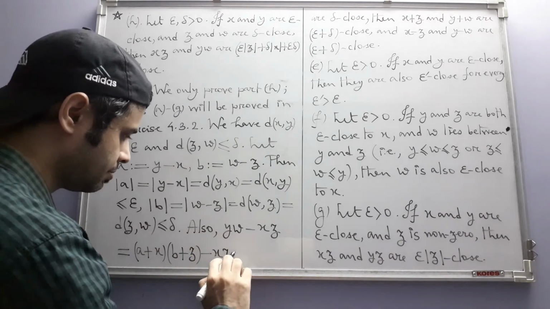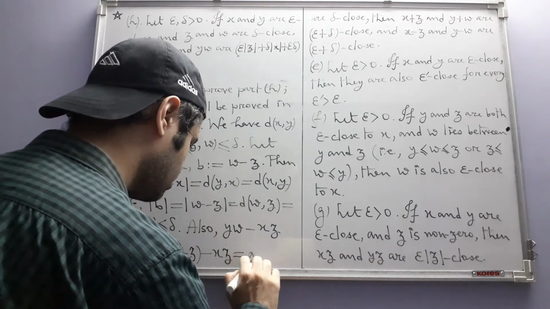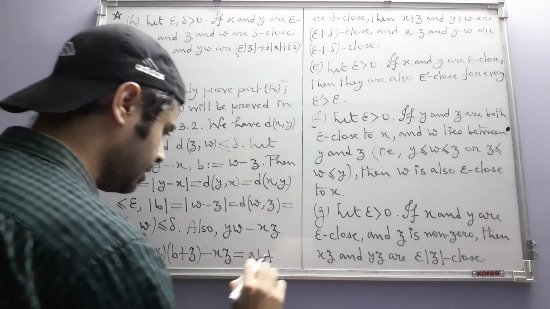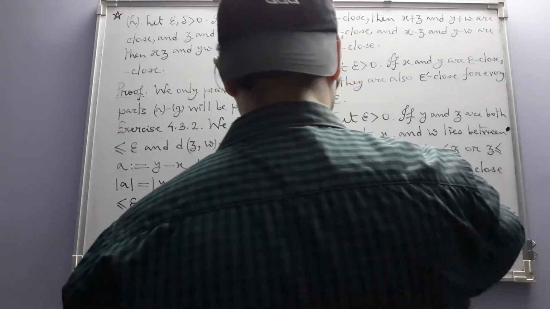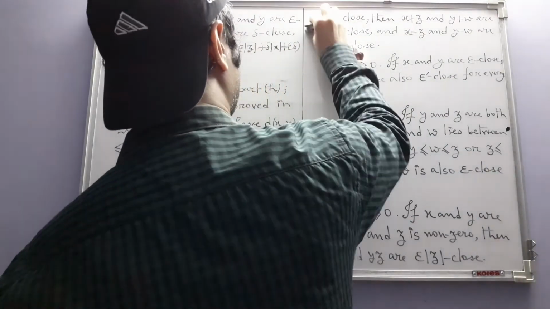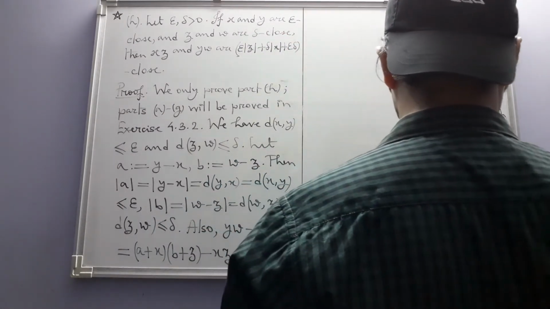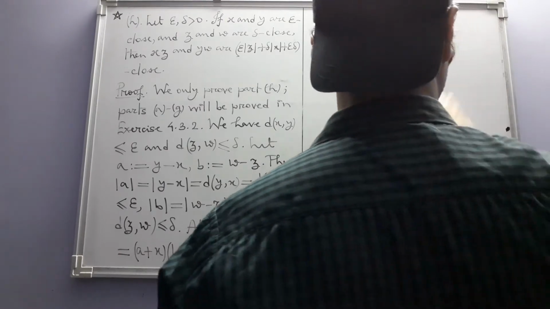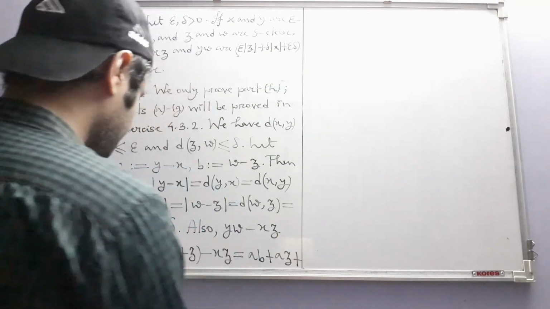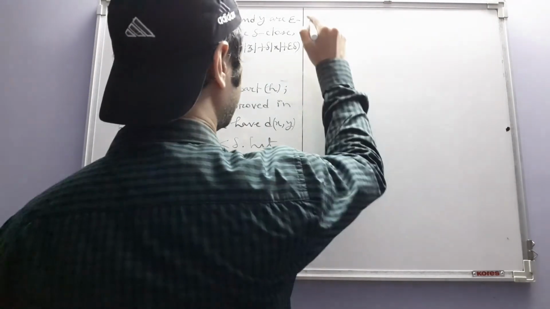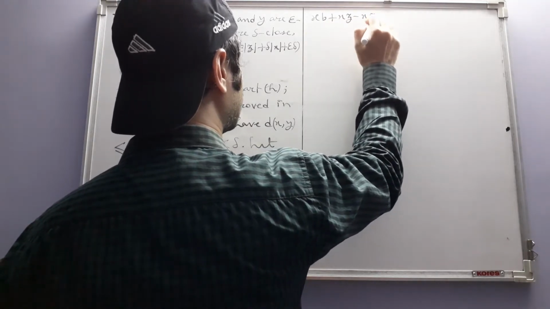Now if we multiply the terms out, we will have ab plus az plus xb plus xz, minus xz.